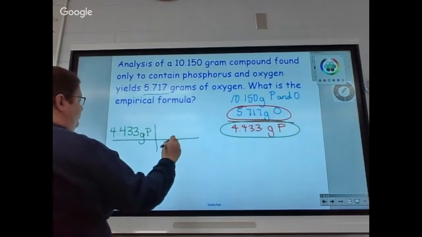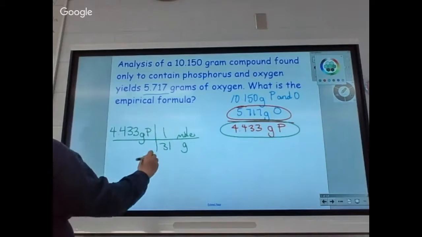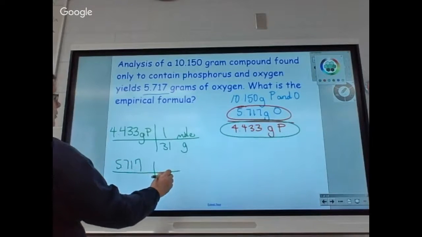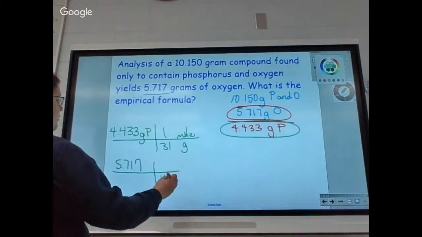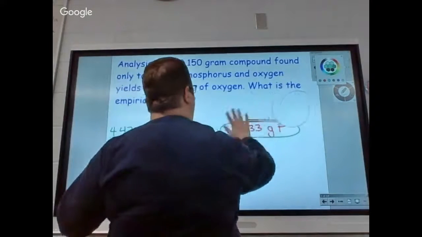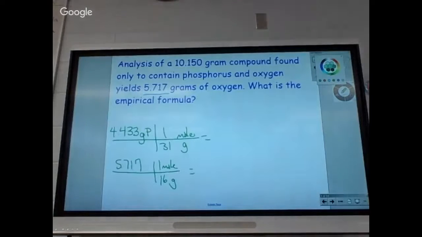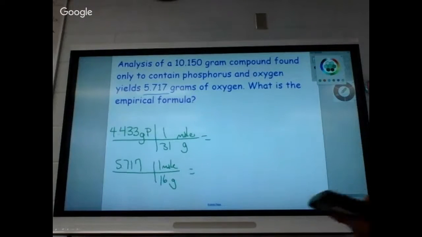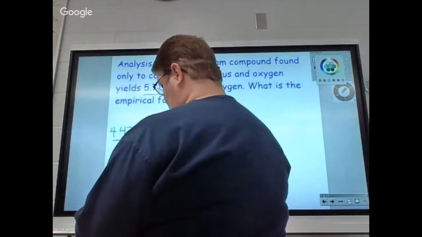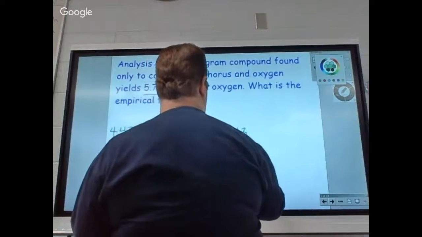Oh, no, it's just, I put 3.5. All right, so we had a 1 and a 31. Yeah, I used whole number. 5.717 and what, 16 grams, 1 mole. So I got 0.143, 5.717 divided by 16, 0.357, right?